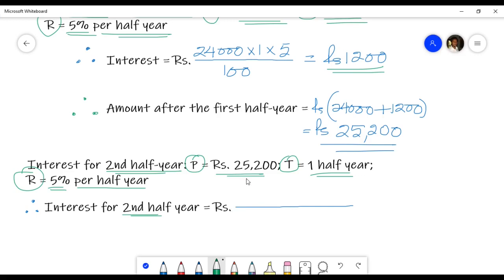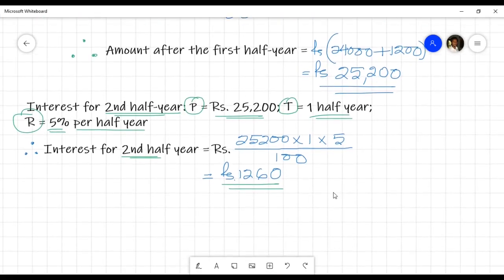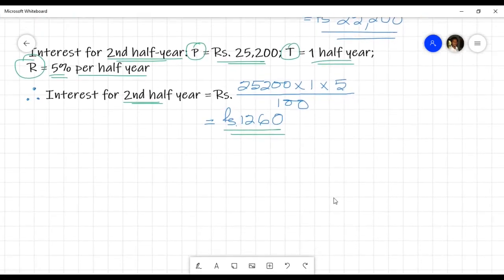We just replace the values in principal into time into rate by 100, and when you calculate this, you will get the answer as rupees 1260. So we got the interest for the second half year as rupees 1260.